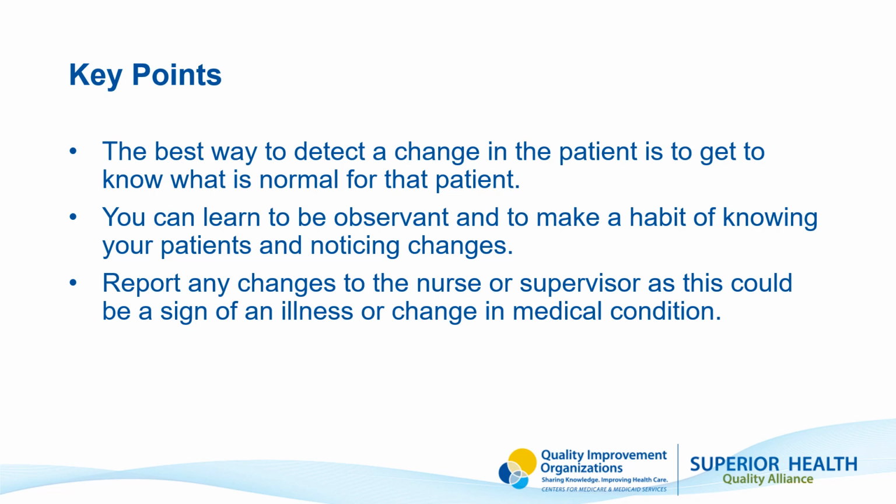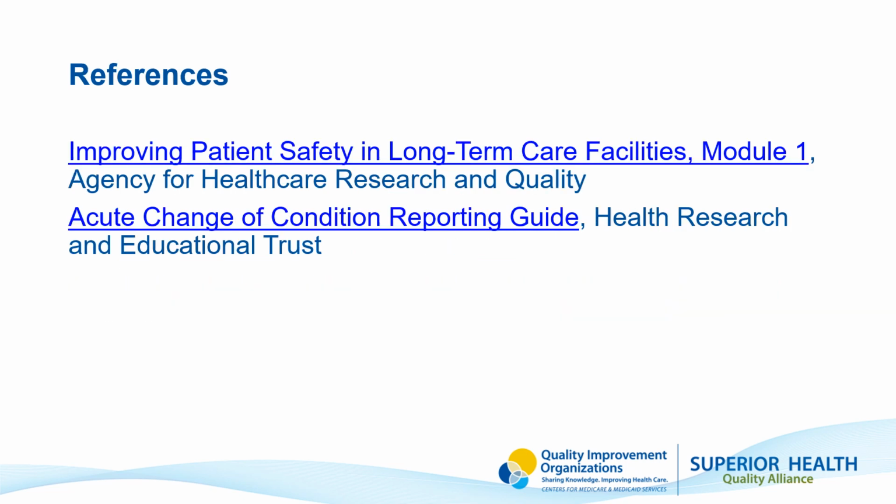To properly assess a change, it is necessary to know what is normal or baseline for that person. You can learn to be more watchful of those you care for and notice changes. Make sure you take your objective observations or even your sense that something is just not right to the nurse or supervisor. Reporting changes keeps patients safe.